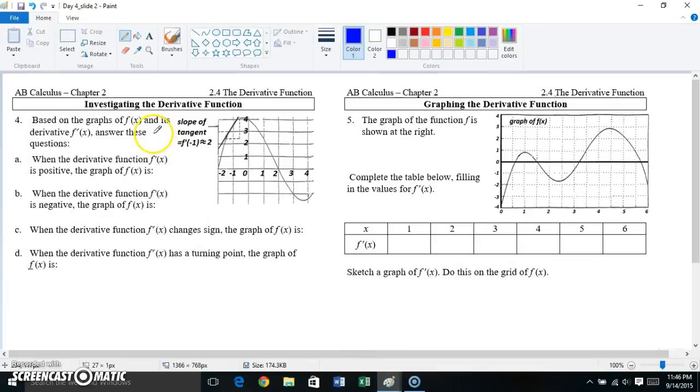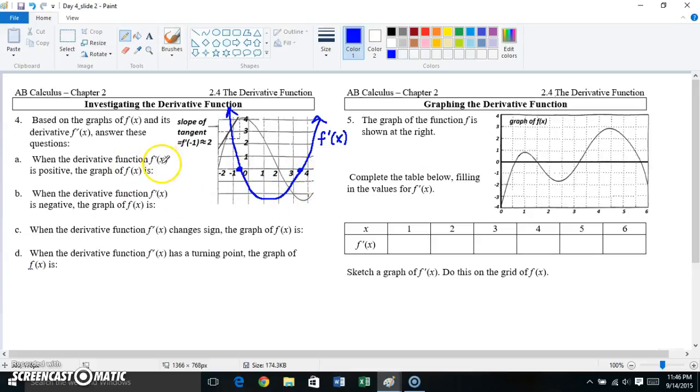Okay, based on the graph of f of x and its derivative, answer these questions. So I'm just going to put a rough sketch of this derivative again on my graph. I'm not going to worry exactly about where it is, but I'm going to call this f prime of x. I do know it has 0 slopes at these two places.